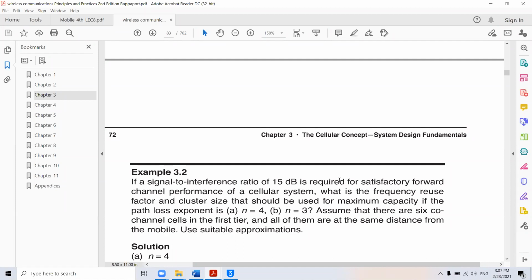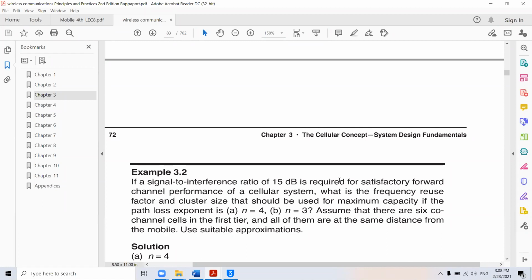If the path loss exponent n equal to 4, then n equal to 3. Assume that there are 6 co-channel cells in the first tier, and all of them are at the same distance from the mobile. Use suitable approximation.